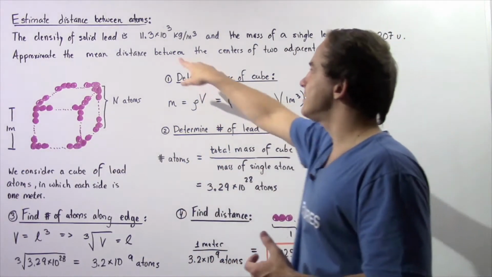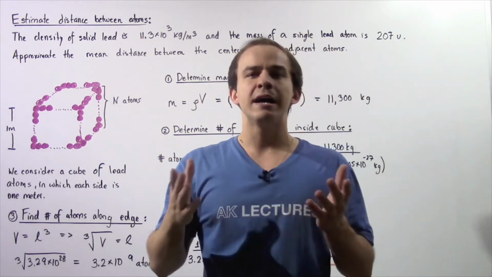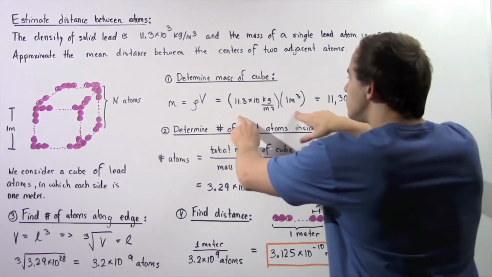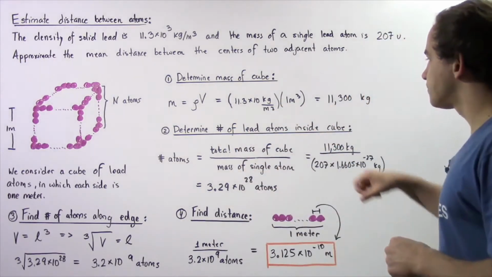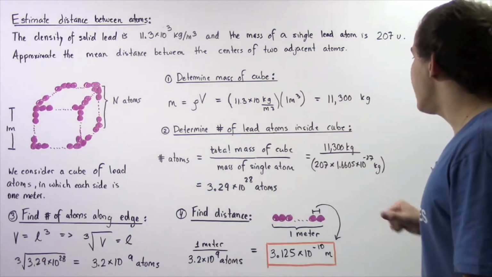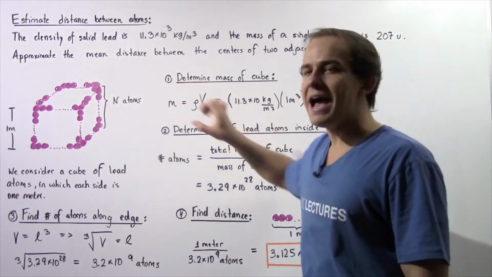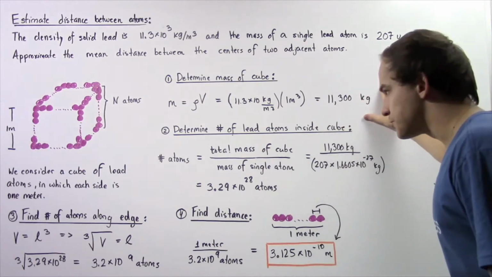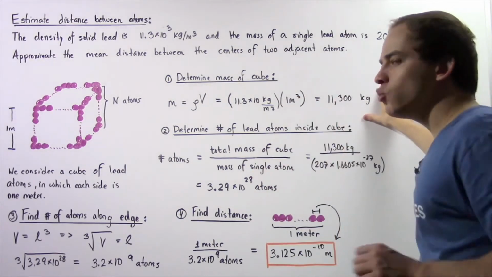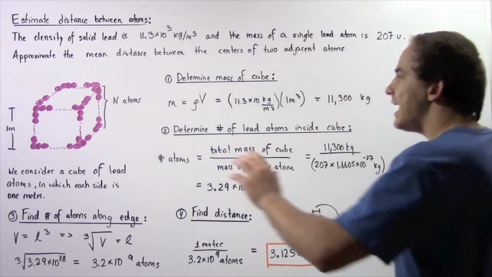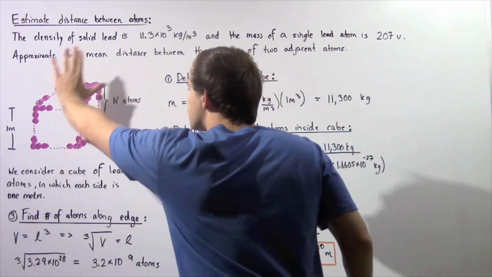And the density is given to be 11.3 times 10 to the 3 kilograms per meter cubed. We multiply these values out. The meters cubed appear on top and bottom, so they cancel out, and we're left with a mass of 11,300 kilograms.